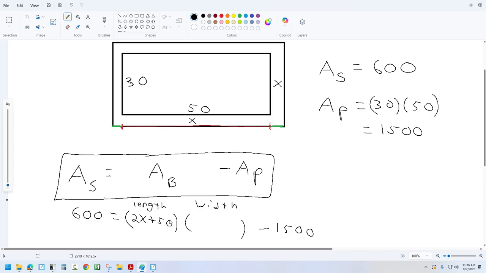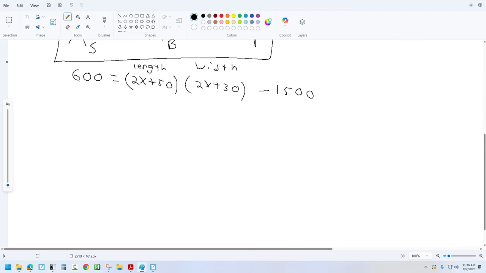And in a similar way, anyone can tell me the width of the big rectangle? Yep. 2x plus 30. And now we need to do that out and solve for x. And that will be the width of the sidewalk.